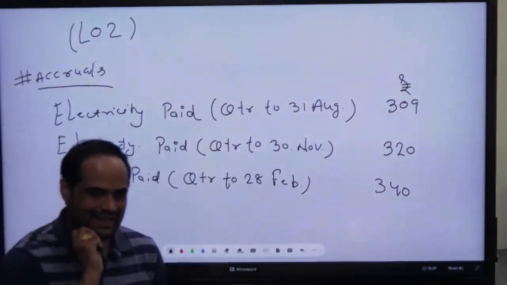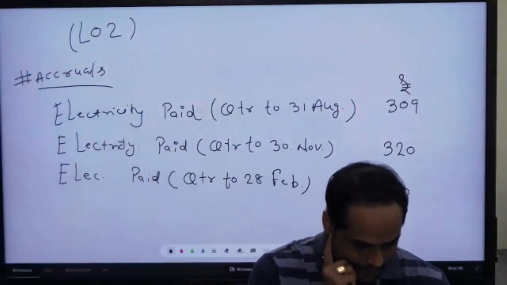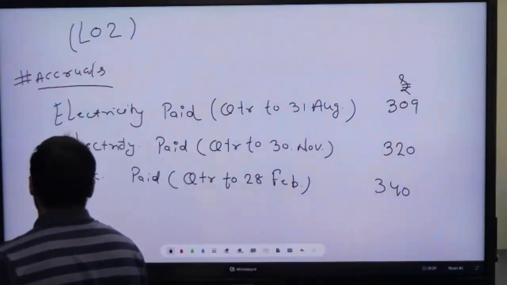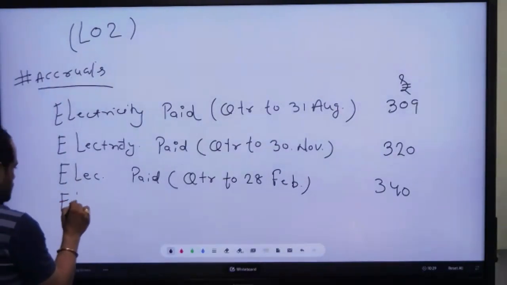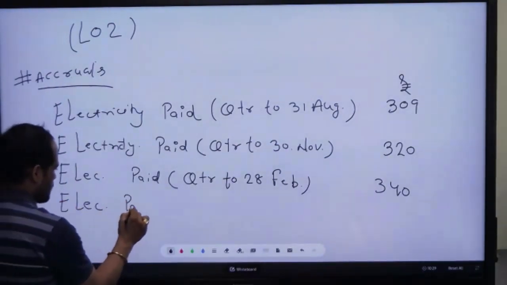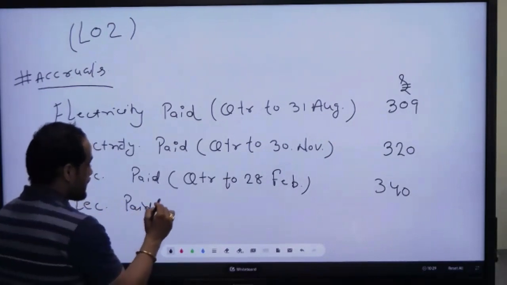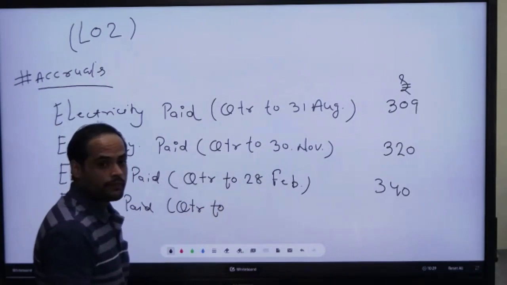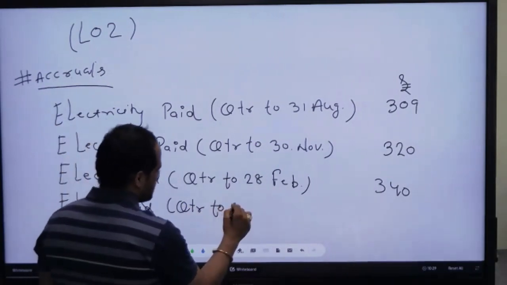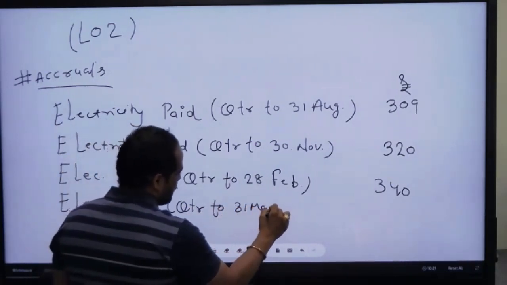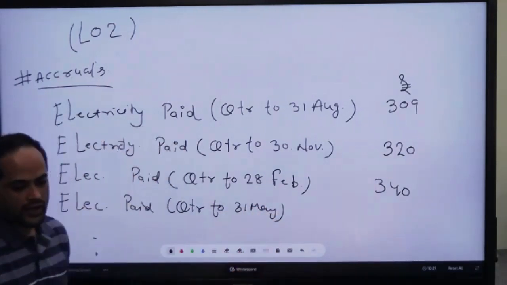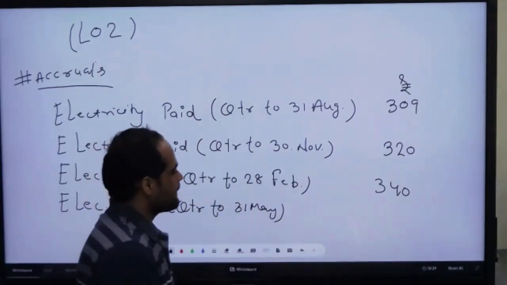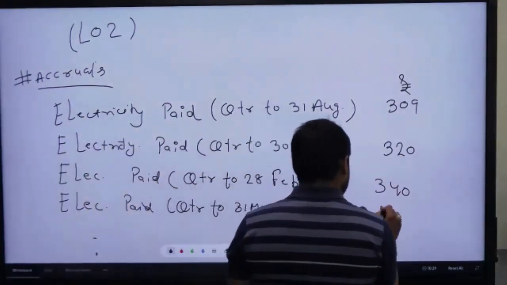Next is electricity paid quarter to 31st May, and the amount 321.